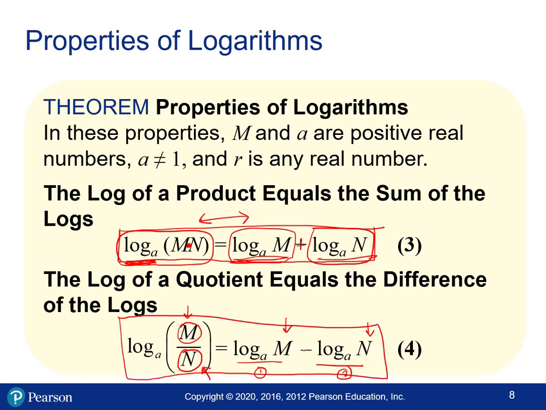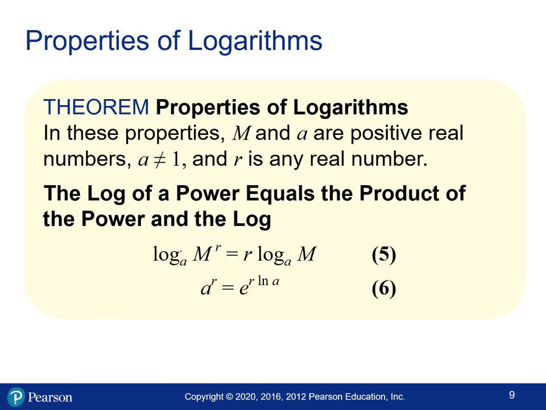And then we separate them with a minus sign. We subtract on this version when it used to be division. Notice on the last one, you add from the multiplication. And also this one goes both directions. If you start with two logs that are getting subtracted, as long as the bases are both the same, you can go backwards here and write them as a single log where you divide the arguments.